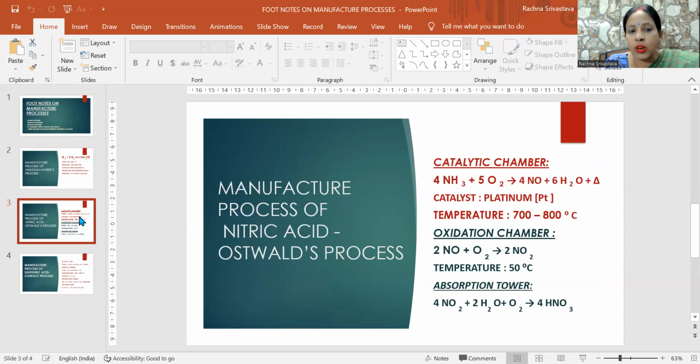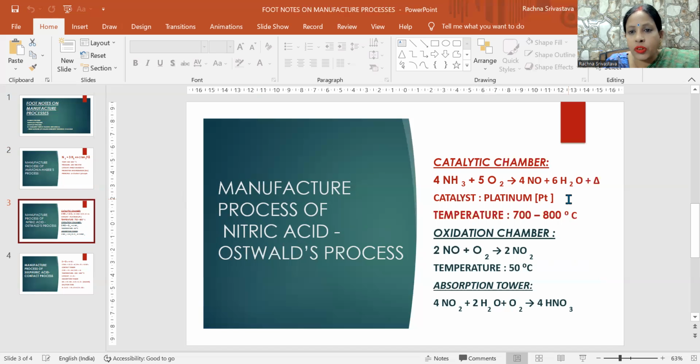Now next is your nitric acid manufacture process, the Ostwald process. This process takes place in 3 chambers. Catalytic chamber, where your ammonia is undergoing oxidation in presence of a catalyst, and the catalyst being used here is platinum. It forms nitric oxide and water. Again, it is an exothermic reaction.